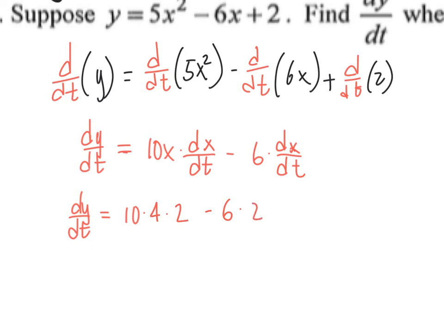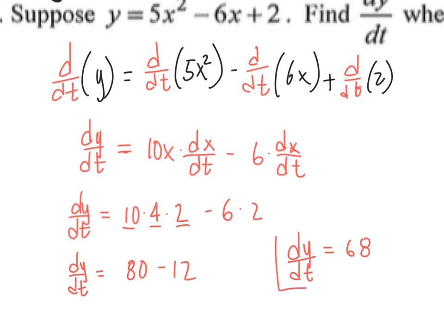All right, so if I evaluate this, dy/dt, I'm going to end up getting 10 times 4 is 40, times 2 again is 80, minus 6 times 2, so minus 12. And so we end up getting that dy/dt is equal to 68. Okay, and when I write that, this just means that the derivative of y with respect to t is 68, okay?